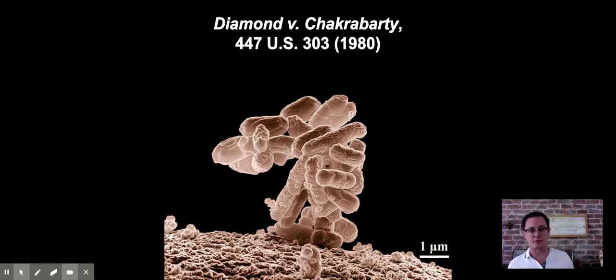Essentially the Supreme Court said, as long as the living thing didn't already exist in nature but was created by an inventor, by a person, then it falls in the scope of things that can be protected. As long as it was made by a person, it's a composition of matter, within the scope of patent protection.